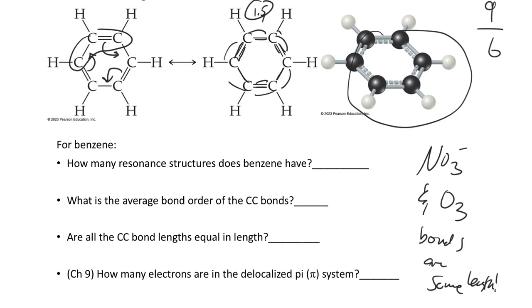And I think it's really obvious, right? It's either double or single, so it averages out to 1.5. So these are 3 halves bonds or 1.5 bond order. So benzene has 2 of these resonance structures.